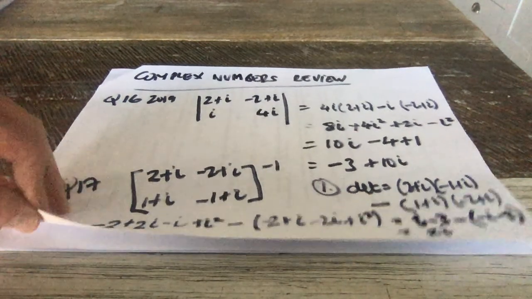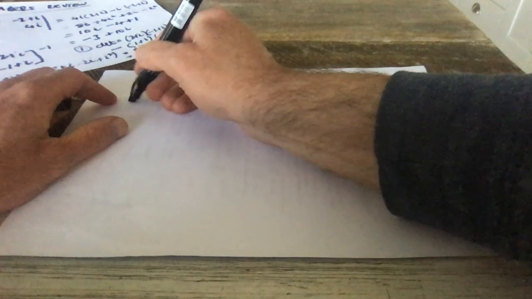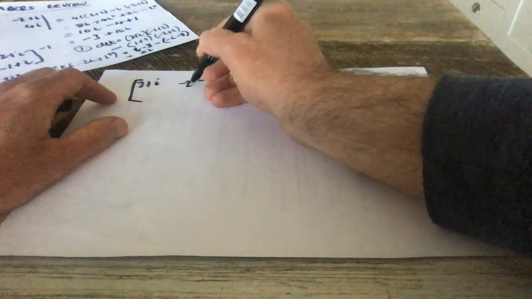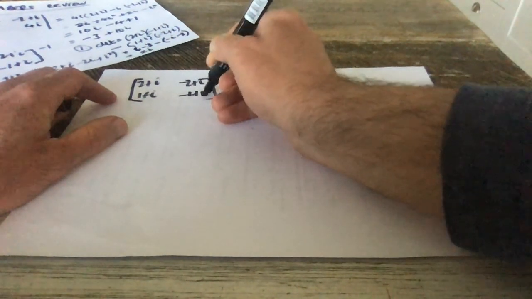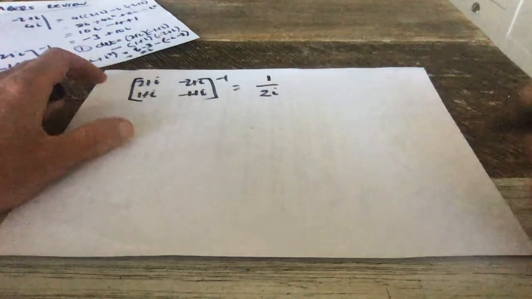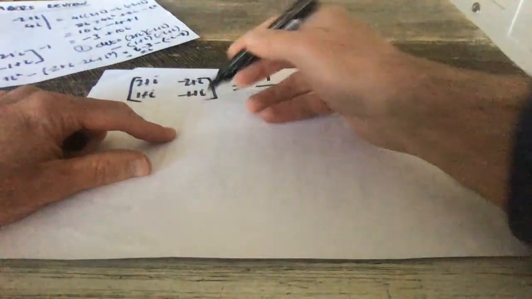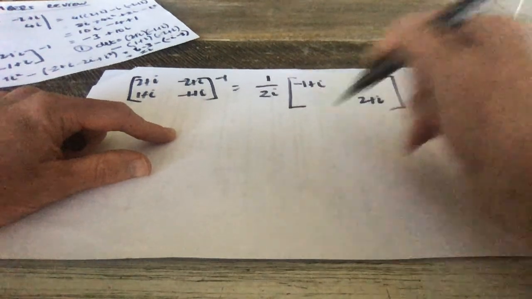So therefore then, the inverse of this matrix is very straightforward. Once you've got the determinant, the inverse then of 2 plus i, minus 2 plus i, 1 plus i, minus 1 plus i, is 1 over 2i, into: you switch these two, so you get minus 1 plus i, and you get 2 plus i, and you change the sign here.